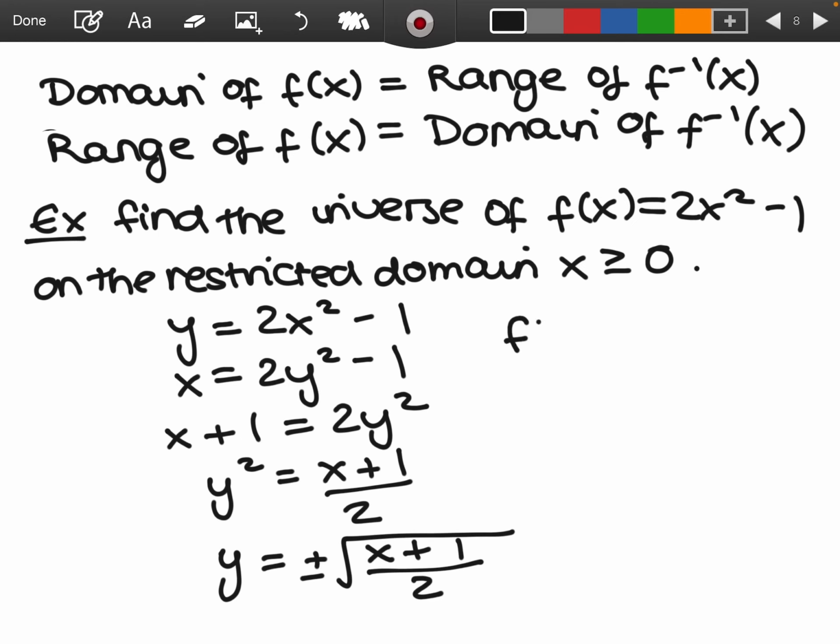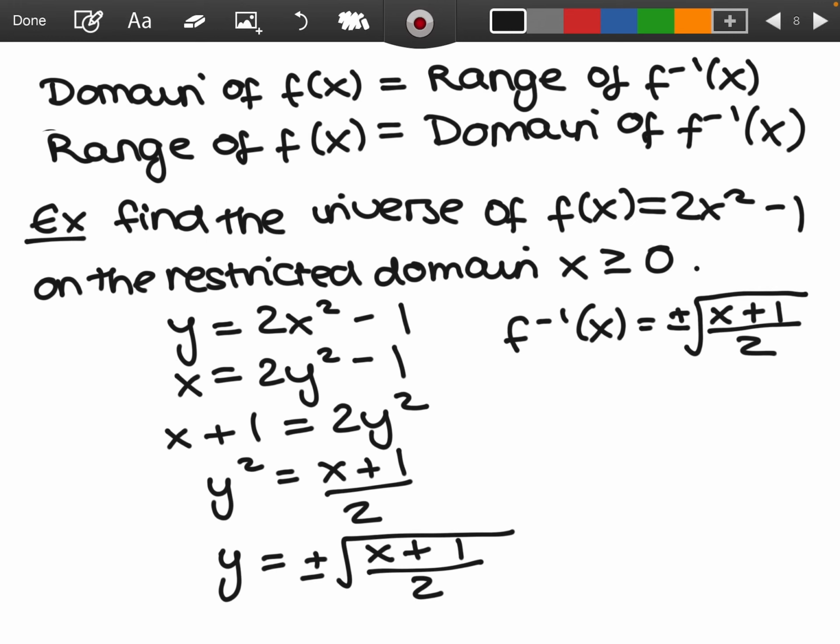You see the issue here normally when trying to find the inverse of this function. Okay. I end up with two values of f inverse for every single one of my x values. I get a positive and a negative. So that's the issue.